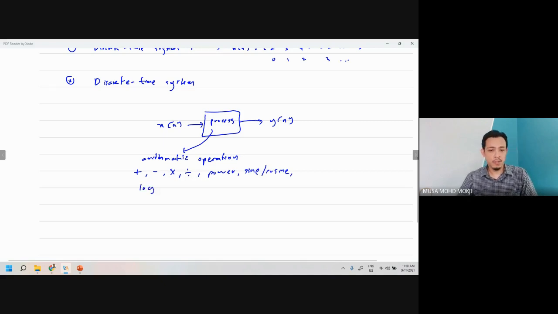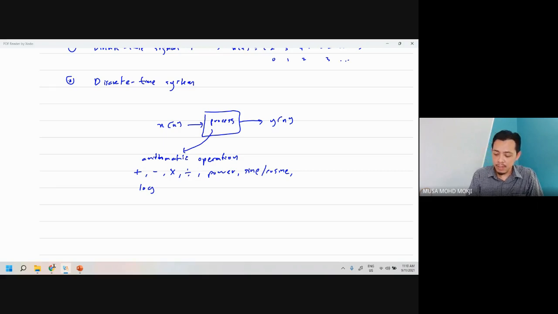Those are mathematical operations, and that is one of the processes. And then another one is operation on index.